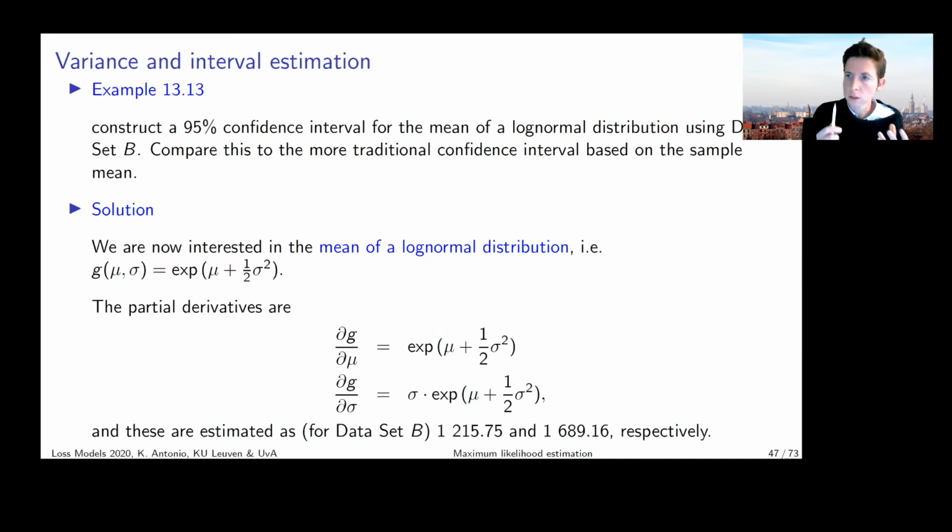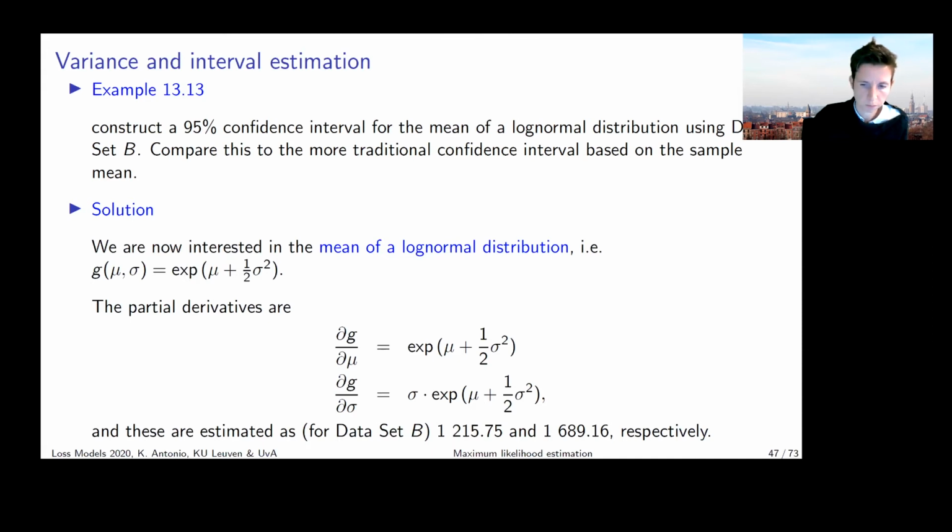Of course, we can evaluate them for the concrete sample that we have in dataset B by replacing the mu with its estimate, and the sigma with its estimate. Then we have concrete numerical values for this vector with the first order partial derivatives of this function g.